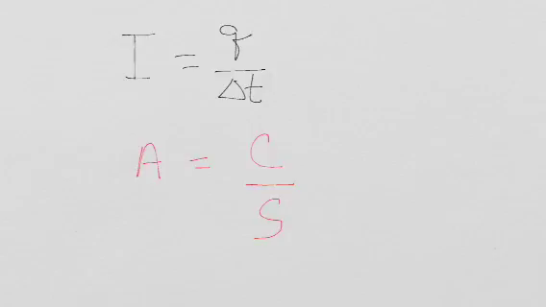Q is also known as your charge. What do you think the charge's units are? Electrical charge, what is that measured in? Coulombs. What do you think time is measured in? Seconds. What do you think current intensity is measured in?